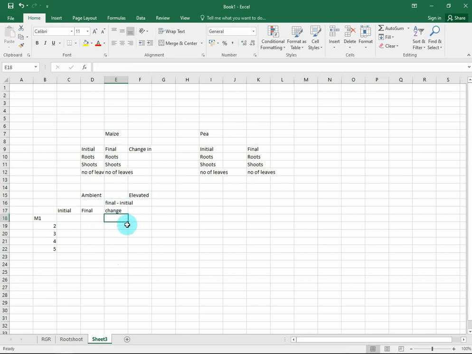You're going to get a value here, here, here, here, and here. You're then going to calculate the average of these and the standard deviation of these, and it will be this that you will ultimately put in your report.